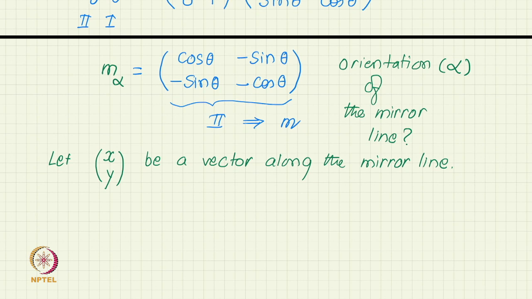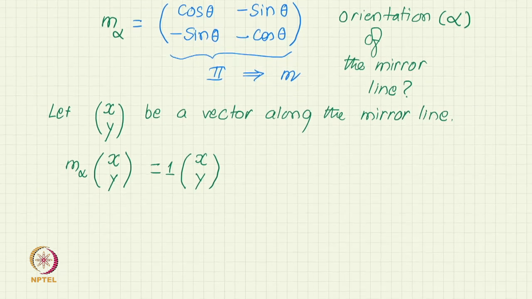So, if x y is a vector on the mirror line, then what will M alpha times x y be? It will remain x y. So, in terms of matrix jargon, you can say that x y is an eigenvector with eigenvalue 1 of this matrix M alpha.